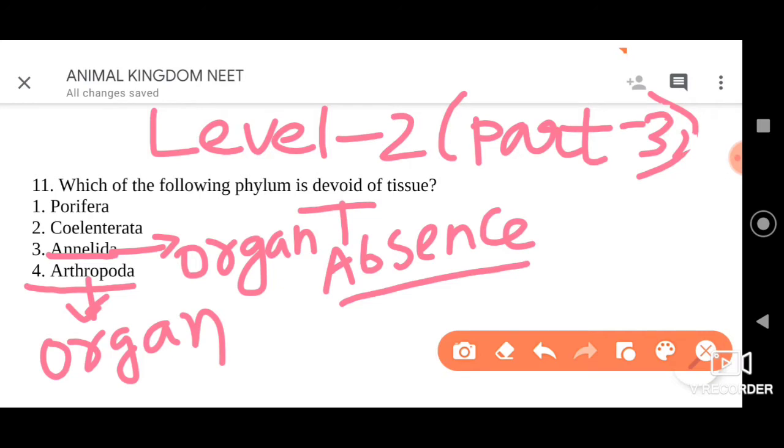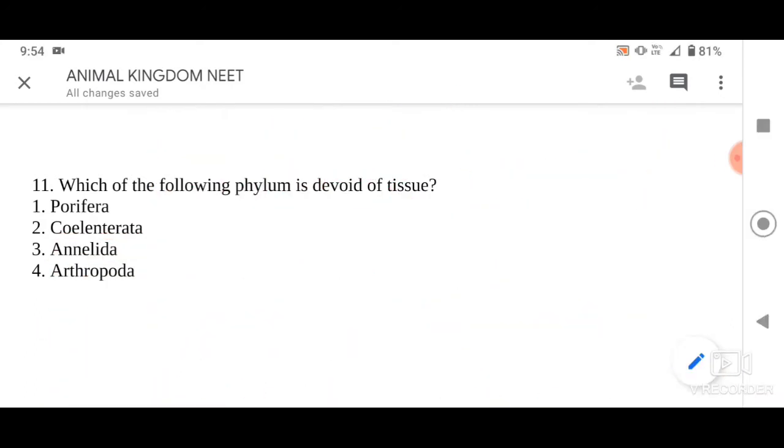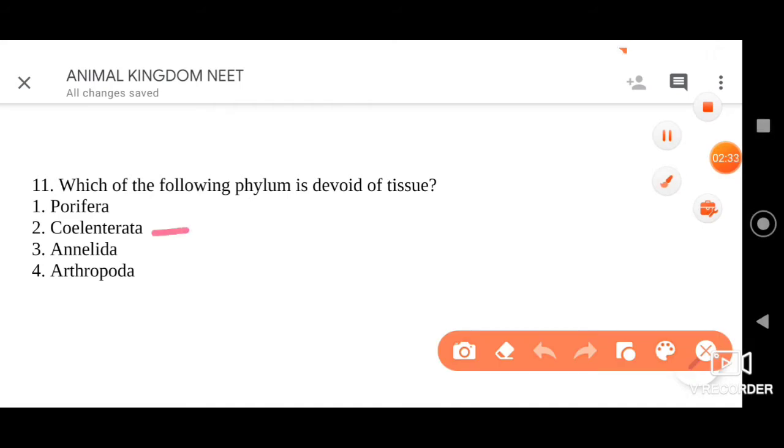Dear students, moving on, let us also understand about the Coelenterata. Coelenterata are the organisms where we can find tissue level of organization.